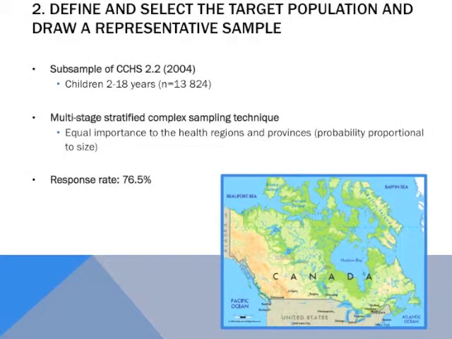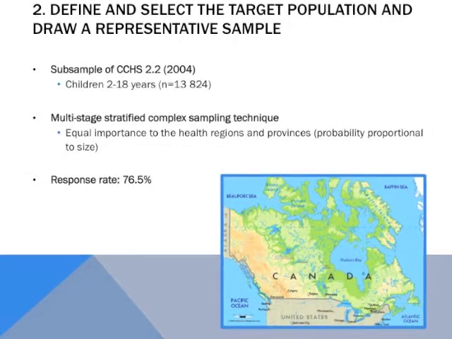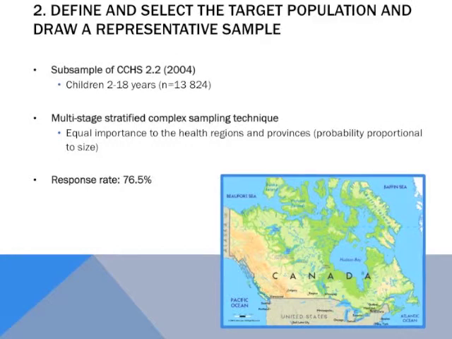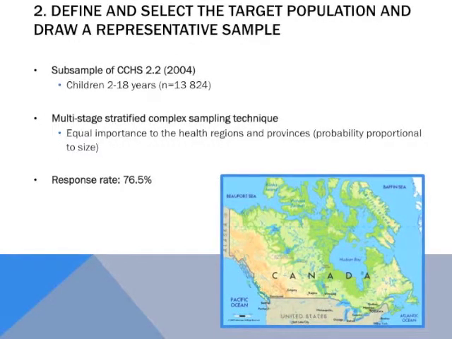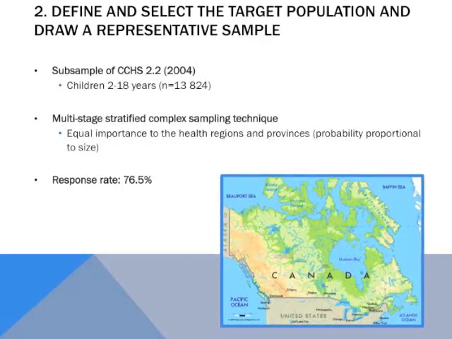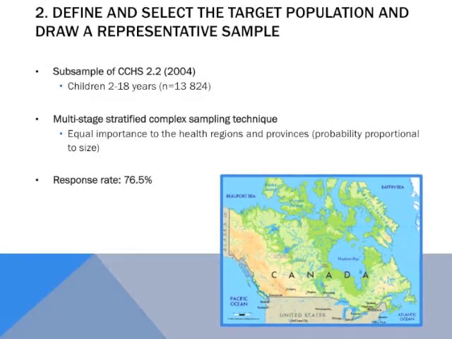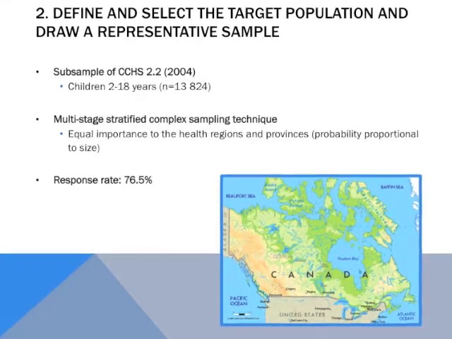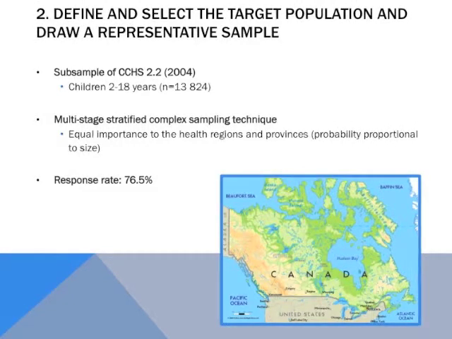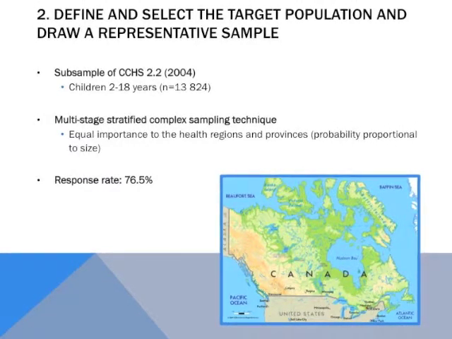The second step is to define and select the target population and draw a representative sample. The current study focused on a subsample of the CCHS 2.2 respondents from 2004, namely almost 14,000 children aged 2 to 18 years.